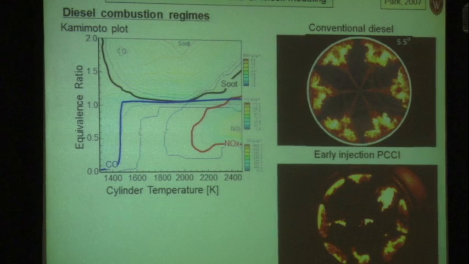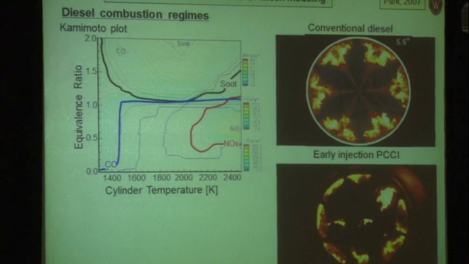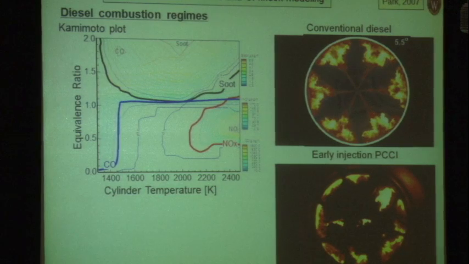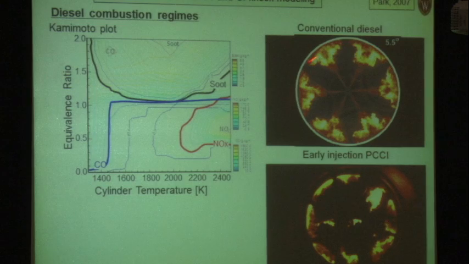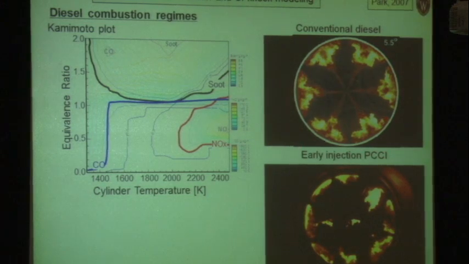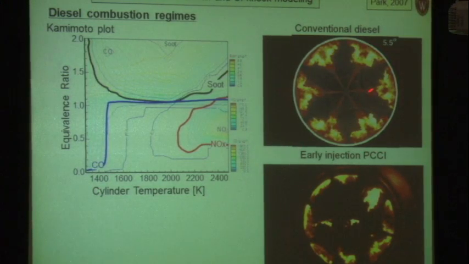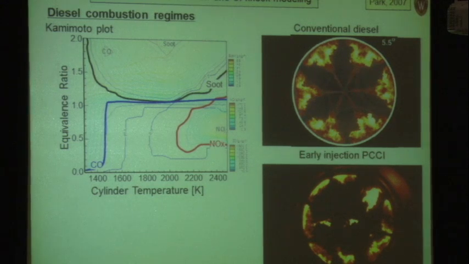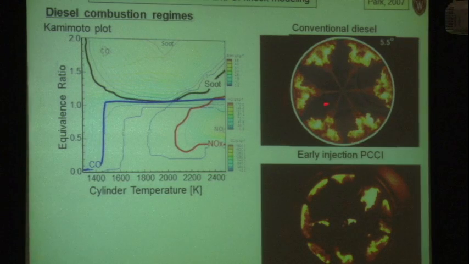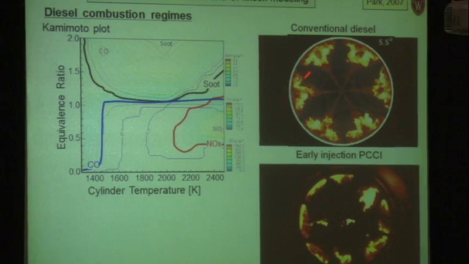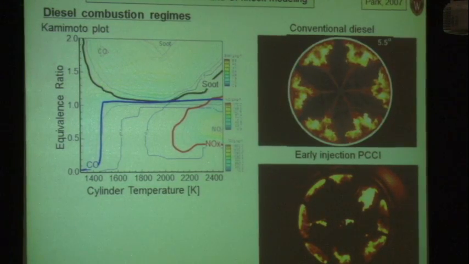As I showed you last time, we also have from that soot cloud at the tip of the spray radiation. There's a high temperature field. And so in conventional diesel, this would be a typical picture that you would see for, in this case, a 6-plume injector. And you're looking at the situation when those spray plumes are just reaching the edge of the piston bowl.